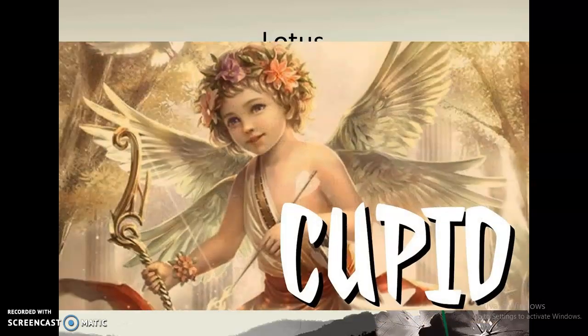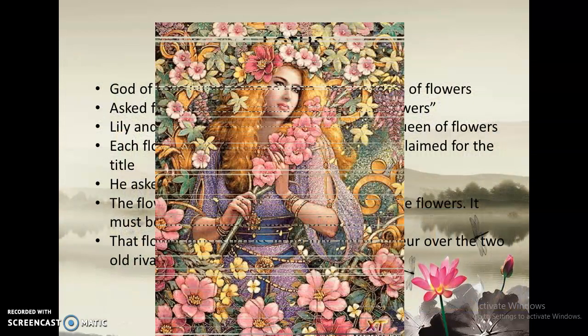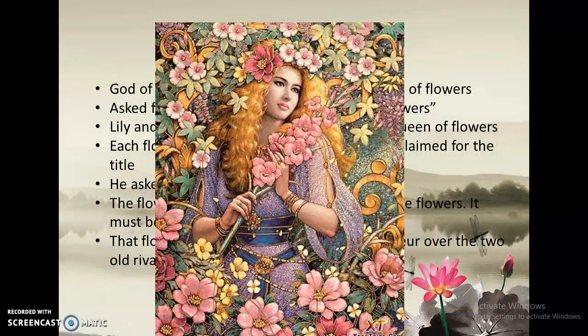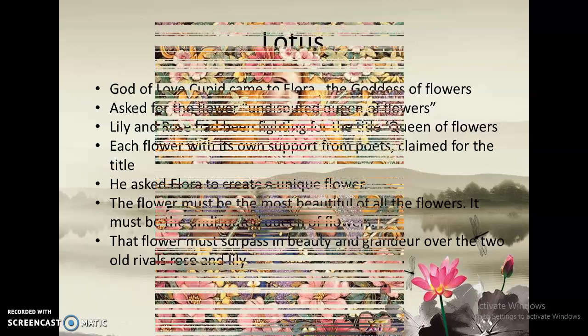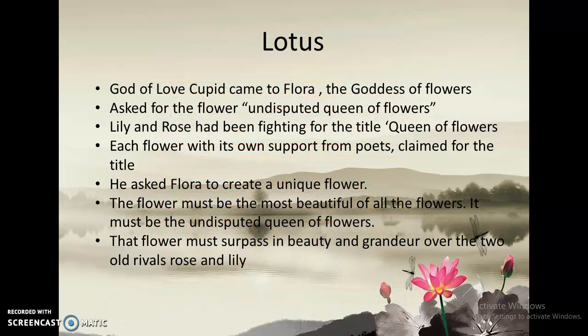Cupid is the god of love, and he came to Flora. Flora is the goddess of the flowers and forest. And Cupid asked Flora to give him a flower which can become the undisputed queen of flowers.